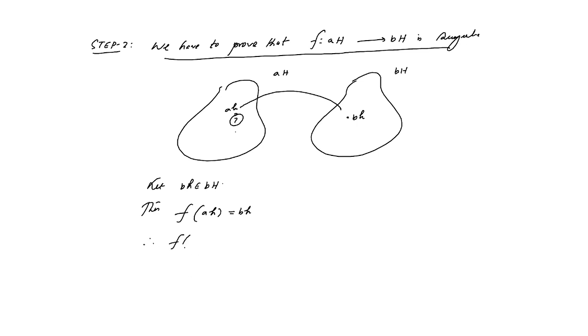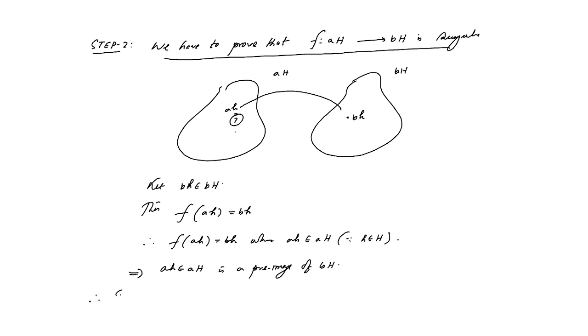Thus what we have seen is f of h equals BH, where h belongs to capital H, and since h belongs to capital H, that implies h is a pre-image of BH. So that means every element in the codomain set must have a pre-image.